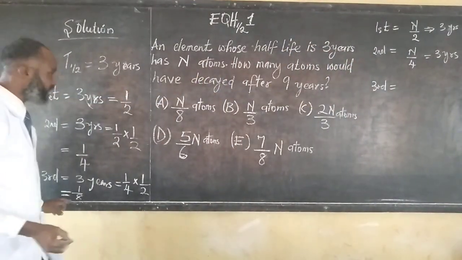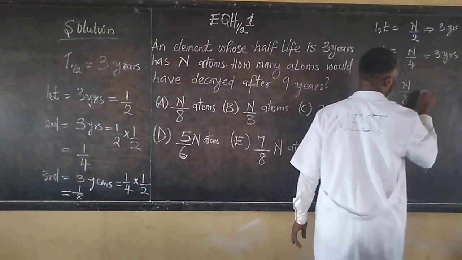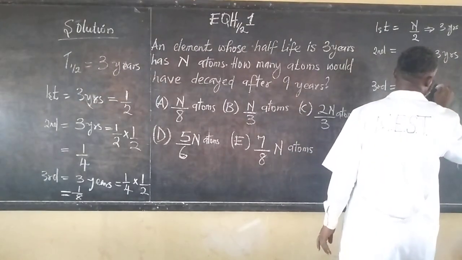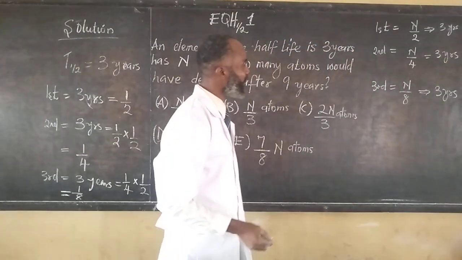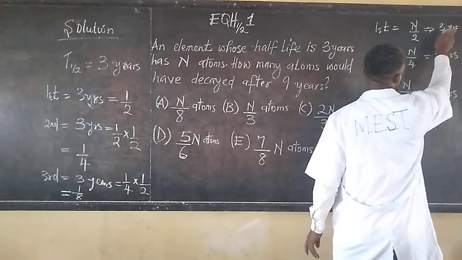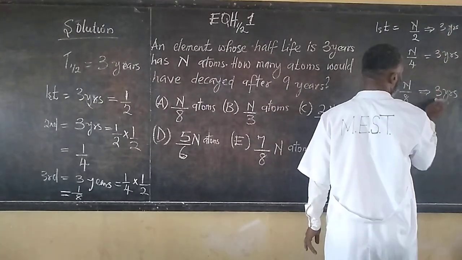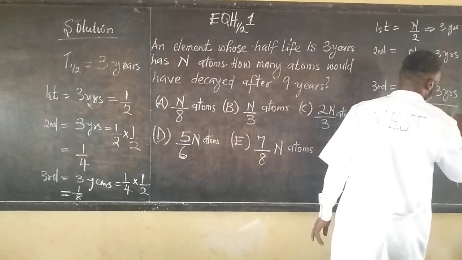Look at it, 1/8, that is N/8, in another 3 years. Quite interesting, isn't it? Total years: 3 plus 3 is 6 plus 3 is 9. Total years here is 9 years.